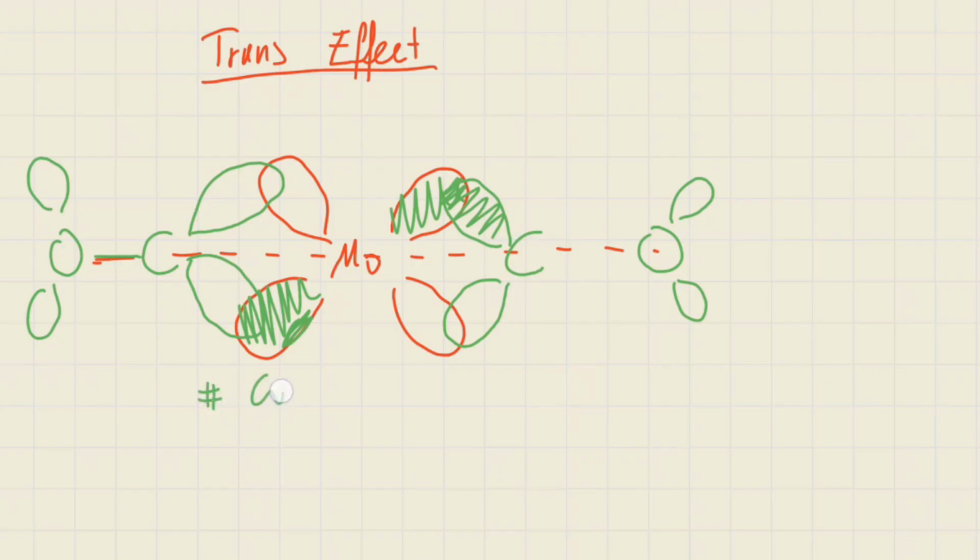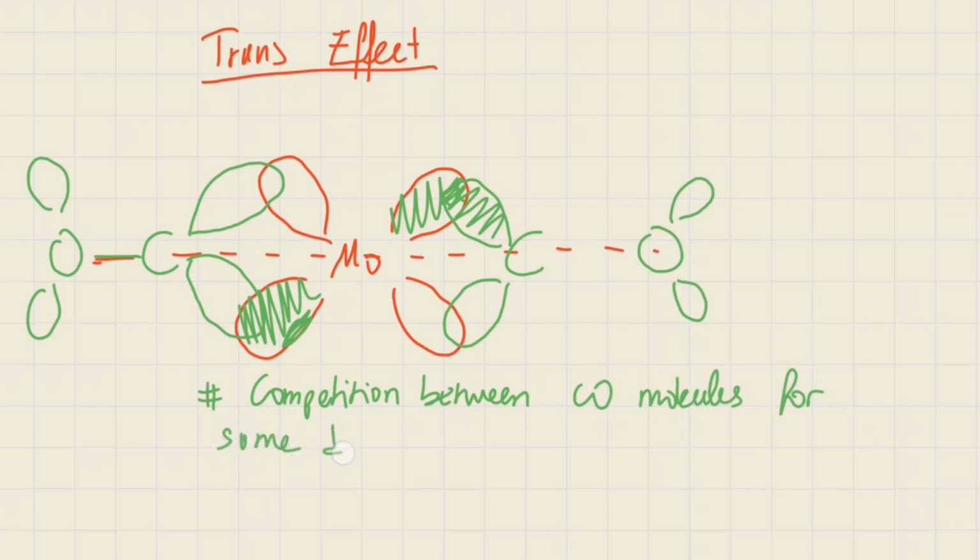So there is a competition between CO molecules for the same d orbital. Therefore, substituting more carbon monoxide is also hard.